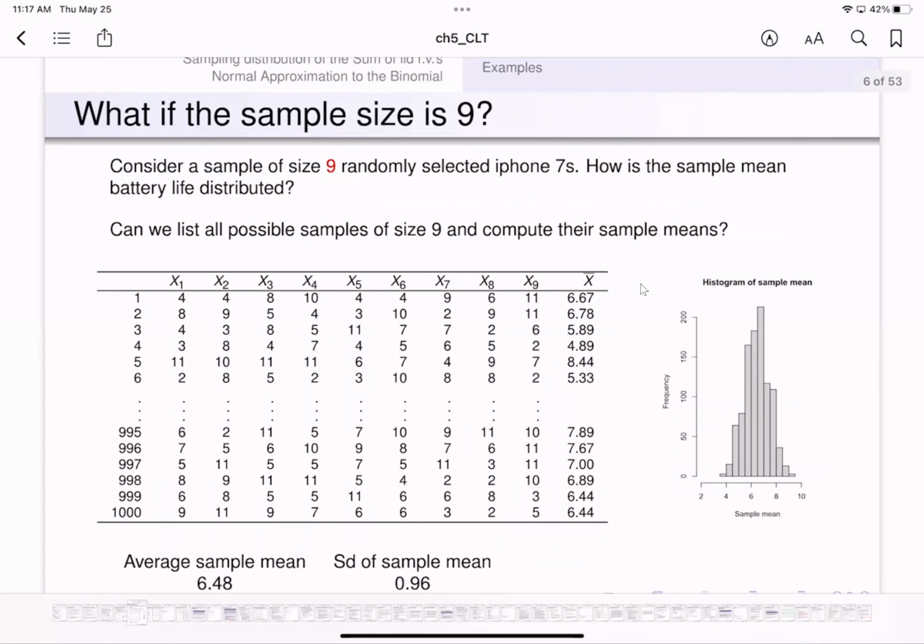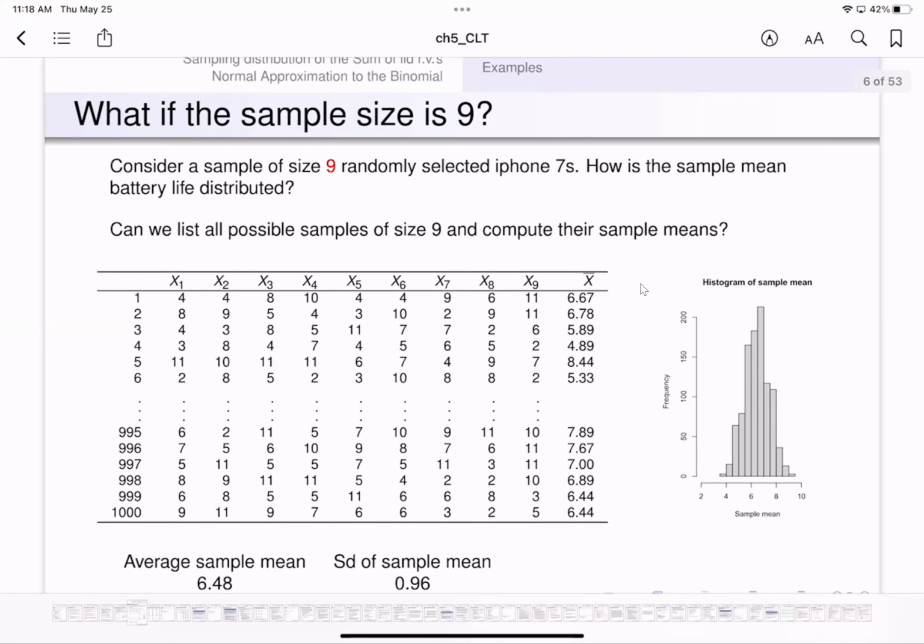If we consider all possible scenarios of these 9 customers' battery life, we would have 10 possibilities for the first customer, 10 for the second customer, and so on, and 10 possibilities for the 9th customer. Altogether, it's going to be 10 to the power of 9. That's way too many of them.